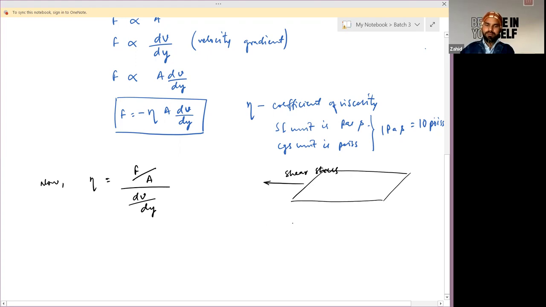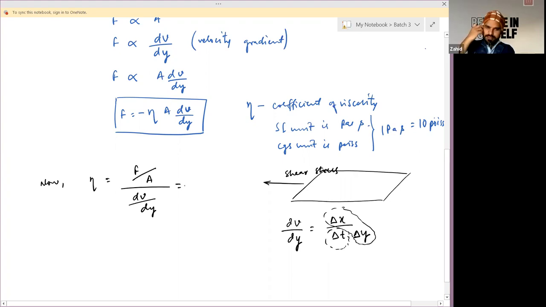Next, in the denominator, we have del v by del y, or dv by dy. Velocity is delta x divided by delta t, times dy. So this is nothing but change in length with respect to original length, which is called strain, divided by time. So we can say it is strain per unit time, or strain rate.